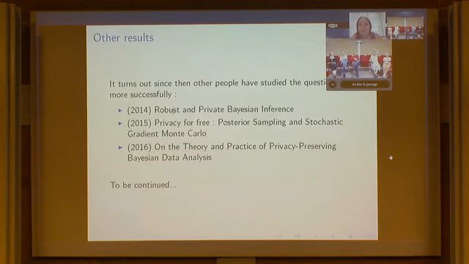Yes? To what extent, if you put the data set out into the public domain, do you actually rely on people understanding differential privacy? Because you're saying, oh, you can't identify anybody, but people might try to make a rough match and then say this is a match.